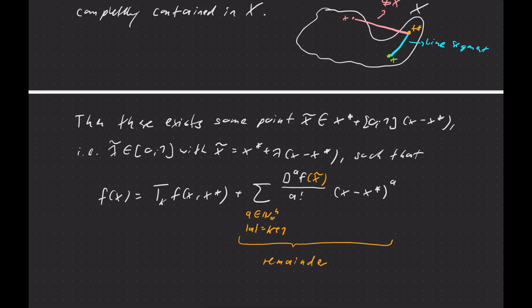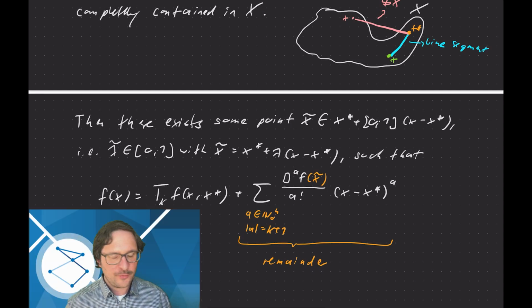And you will hopefully remember that in the one-dimensional case it looked exactly the same. Of course, the sum was not that complicated. We just took the k plus first derivative of f, evaluated at some point between x and x star. Only this time we need to make sure that this point actually is in X, so the function is actually defined on that point.